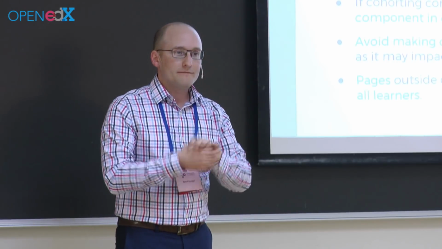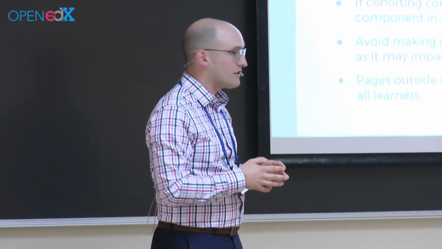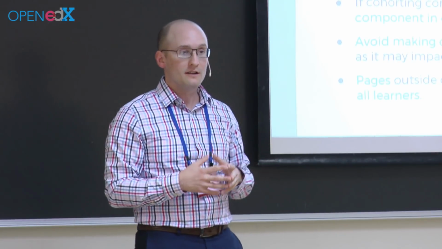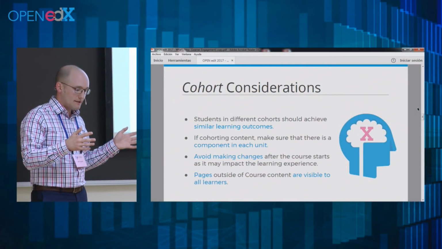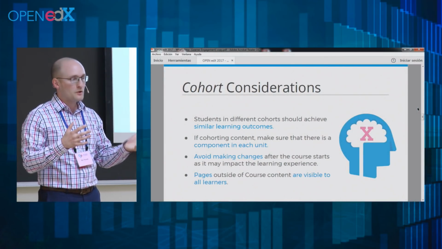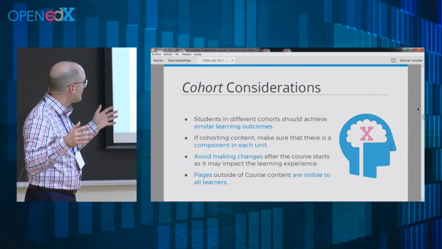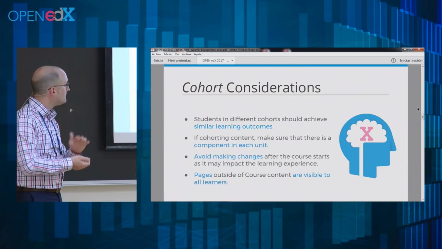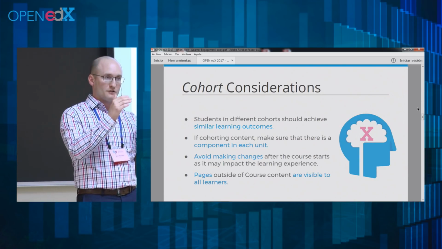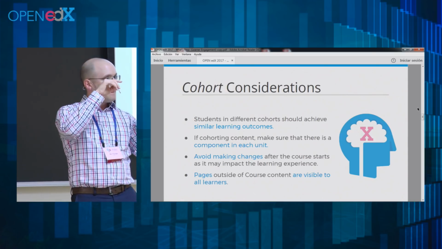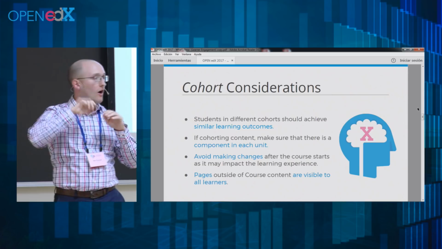It might be obvious, but avoid making changes to cohorts and visibility of content while the course is running. Really, it's a lot of project management up front that will help you make sure that your course experience is going to be sustained throughout the entire course life. Also, your cohorts are specific to the course area, whereas other pages that you can visit at the top are course-wide.